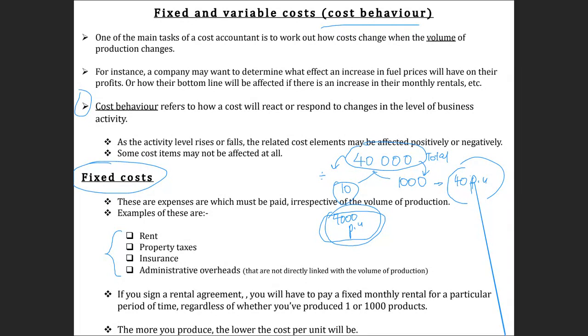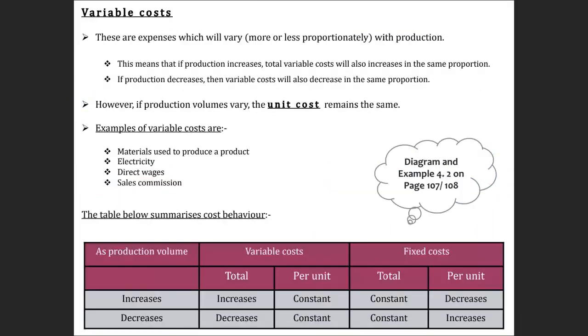Then if we had increased our production to now 1,000 units, the total still remains the same as 40,000, but we're now spreading the 40,000 over 1,000 units, which gave us 40 Rand per unit. Here it's the opposite with your variable costs. Here the unit costs remain the same, but the total will change depending on your level of activity.